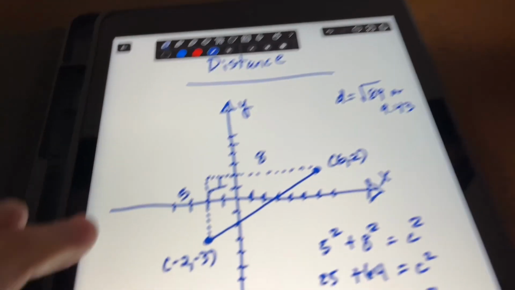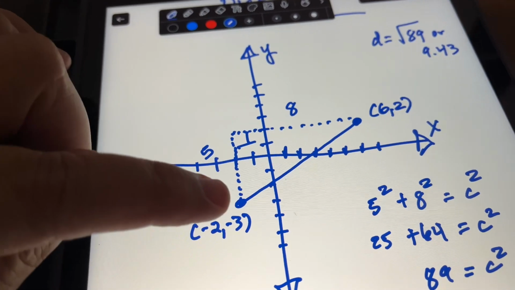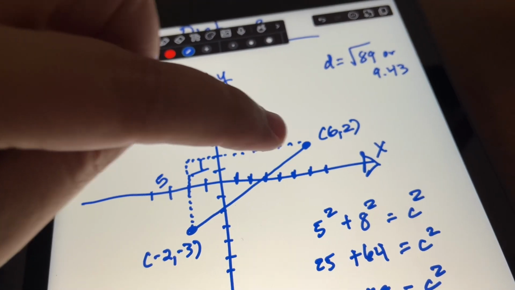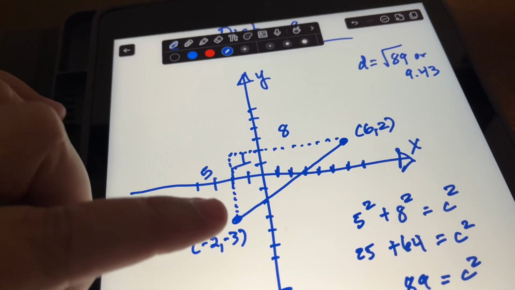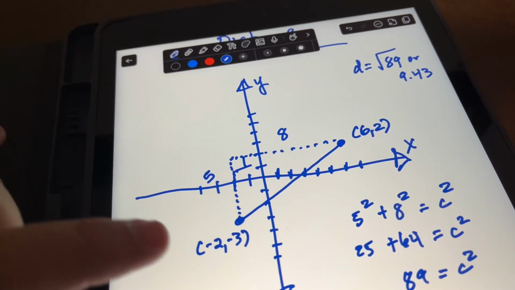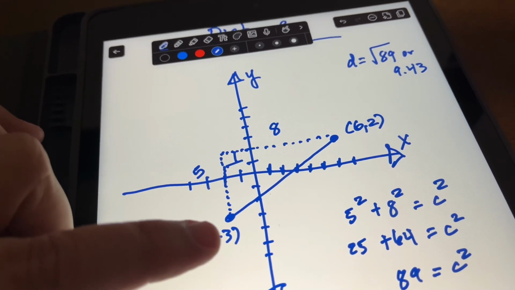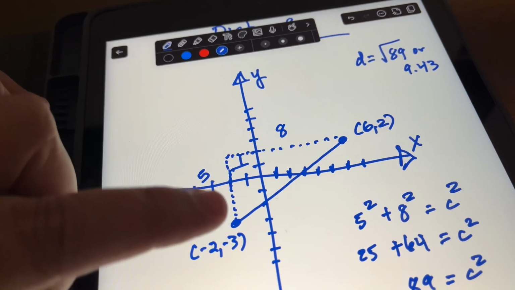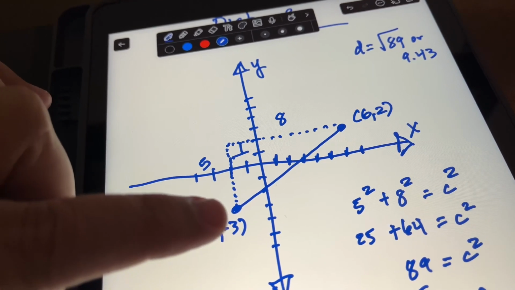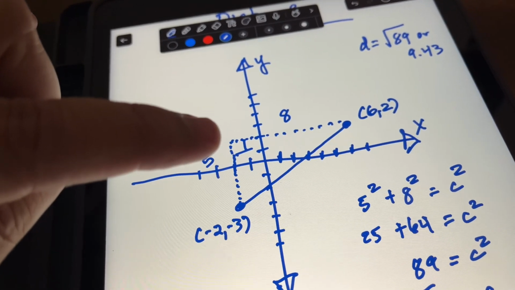So the other way to do this is to make a right triangle out of this. So we had this originally sloped line here. I'm going to go up here and over. And notice from -3 to 2 is a distance of 5. So this distance is 5, just counting from -3 to +2.